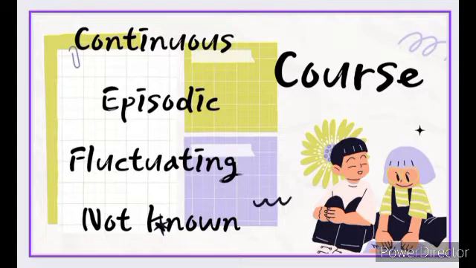Fluctuating means the duration of the thing can also fluctuate. Sometimes the person is suffering from this problem for about 1 or 2 months, after that there is no history of that.